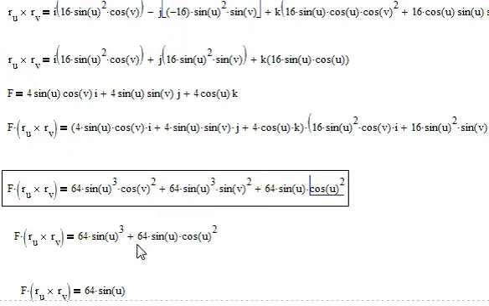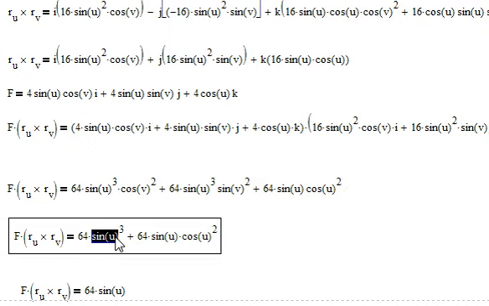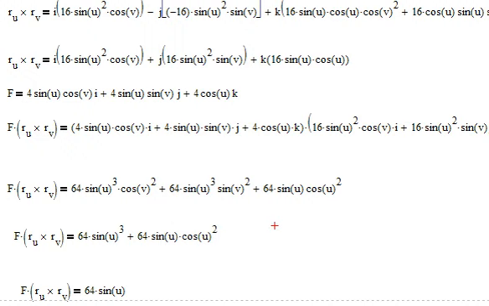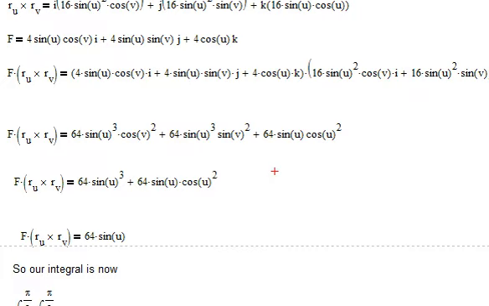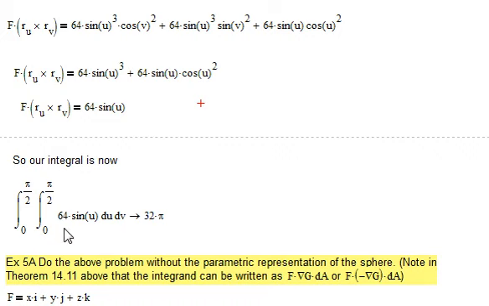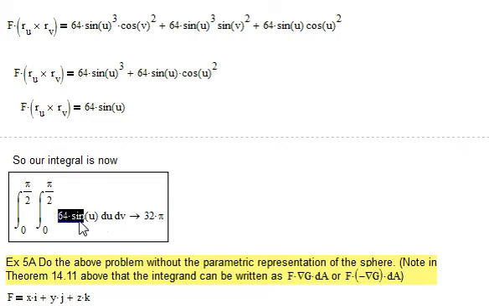Again, if we factor out sine of u, we have 64 times the sine of u times sine squared from here and cosine squared from here, so we got another 1. So our f dot ru cross rv turns out to be very simple, ultimately 64 times the sine of u. So our integral is 64 sine of u du dv.